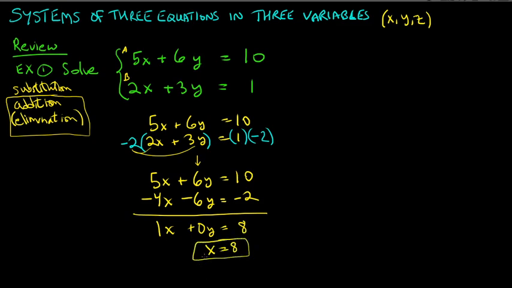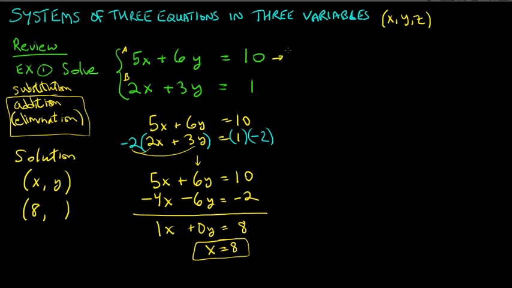Now realize we're not done, of course, because remember, a solution to a system is not just a number. It's a pair of numbers. It's an x and a y. We got x. Now we have to find y. So how do we find y? Well, this is where we can substitute. We can take this x equals 8 and plug it into either equation.